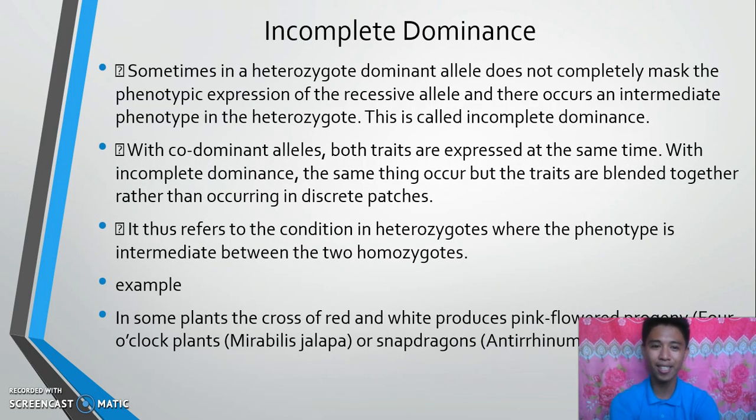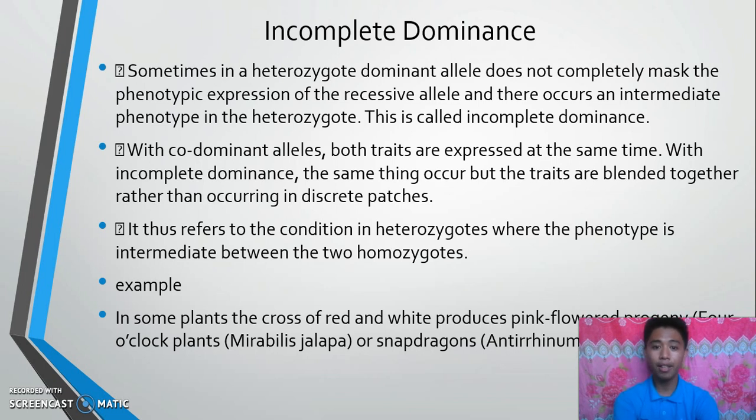Incomplete dominance. Sometimes in a heterozygote, the dominant allele does not completely mask the phenotypic expression of the recessive allele, and there occurs an intermediate phenotype in the heterozygote. This is called incomplete dominance. With codominant alleles, both traits are expressed at the same time.